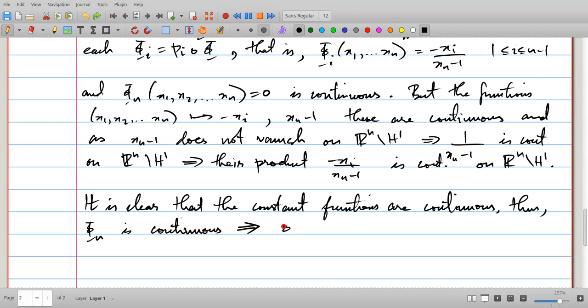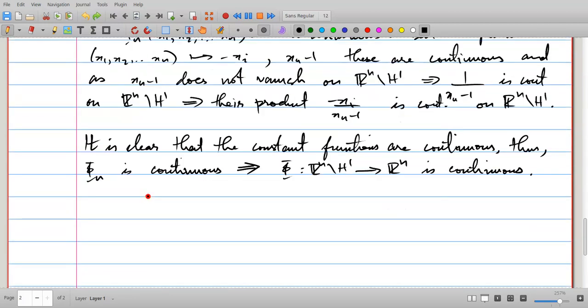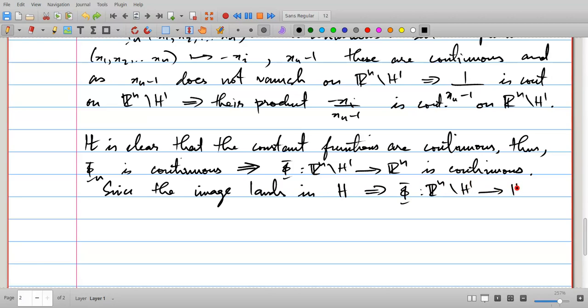Which implies that phi from Rn minus h prime to Rn is continuous. And since the image lands in h, this implies that phi from Rn minus h prime to h is continuous, h having the subspace topology.